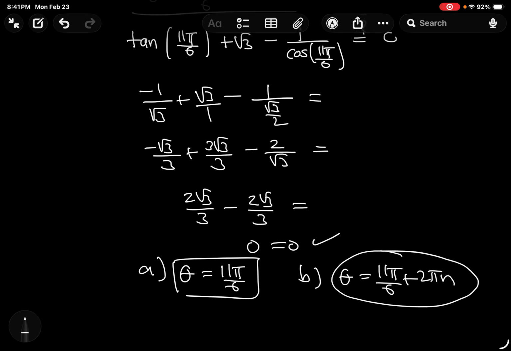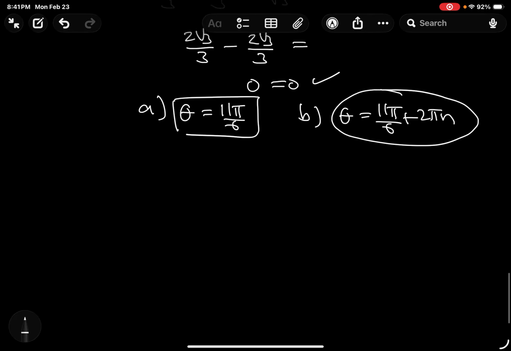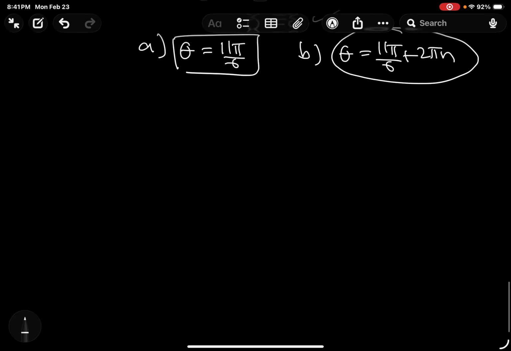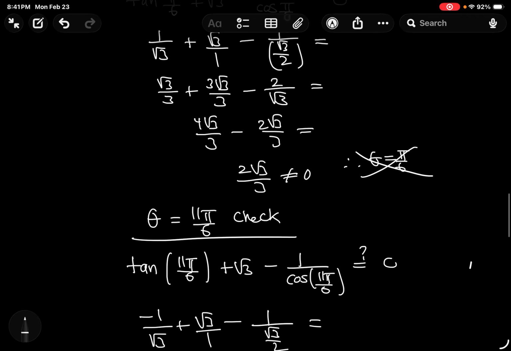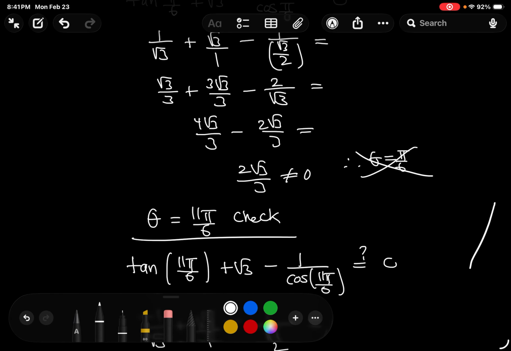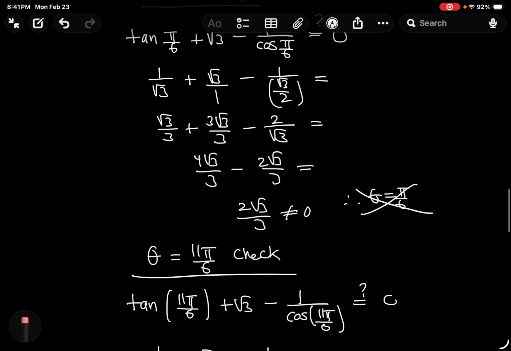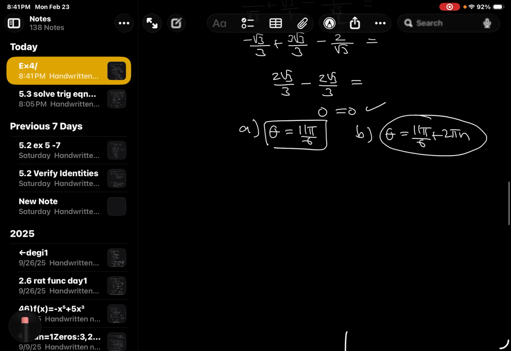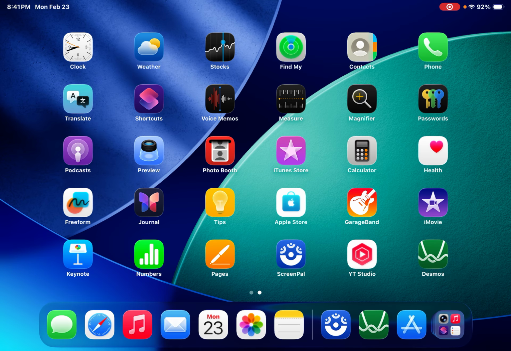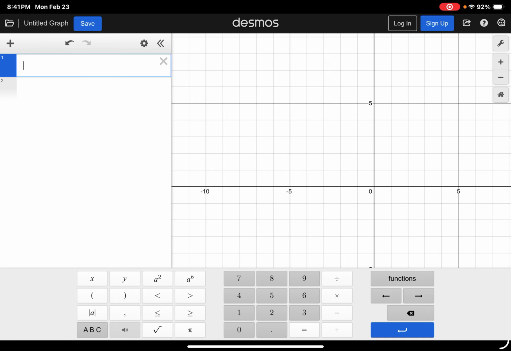I believe on this one they do tell us to use Desmos. Okay, so let's verify that this solution is correct using our graphing calculator over here. If I can just get rid of this, I'm going to close this right here. Okay, so let's go to Desmos over here. This is from a previous problem.